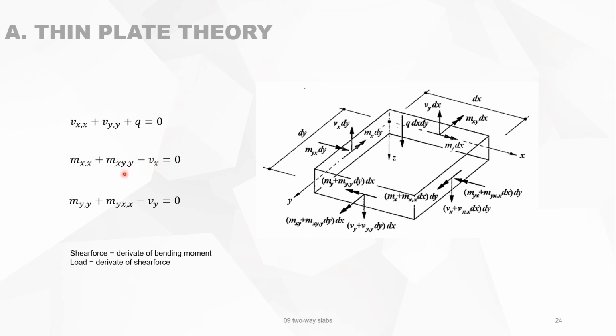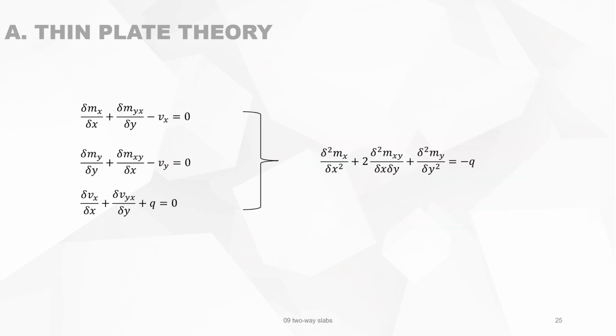This Mxy,y and Mx,x means the first derivative of the bending moment in the x direction and the first derivative in the y direction. So the derivative of the bending moment is equal to the shear force, and the derivative of the shear force is equal to the load, the uniform distributed load. So you can understand where those equations are coming from.